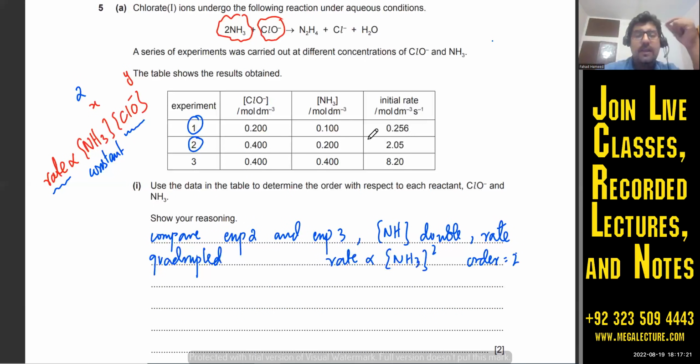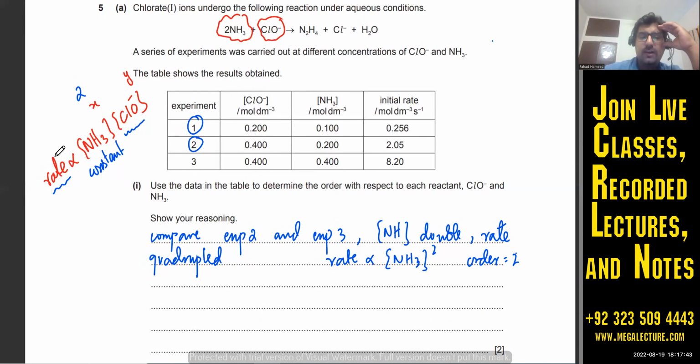Is the rate in experiment 1 and 2 varying because of ClO minus 1 concentration, because you're doubling it? Or is it varying because you're doubling the concentration of NH3? So there's a problem: in none of the experiments is NH3 kept constant.